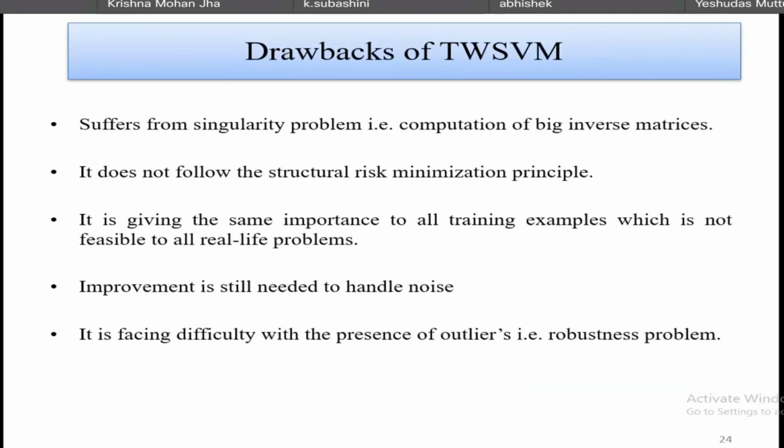Another problem is that the SRM principle is more suitable in comparison to the ERM principle, but this model follows the ERM principle. It does not follow the SRM principle, but many authors have published new work proposing the SRM principle, so you can find it in some recent papers.